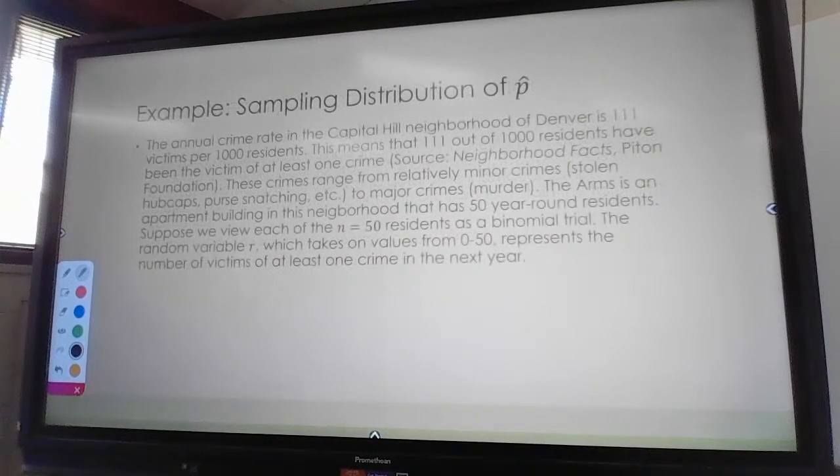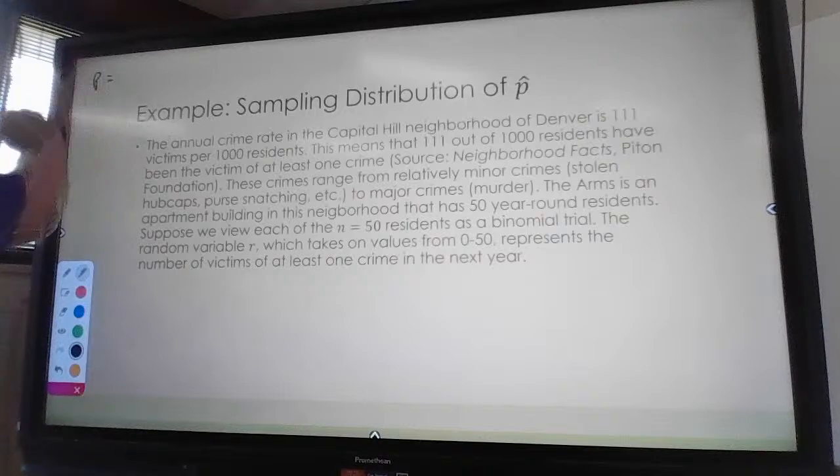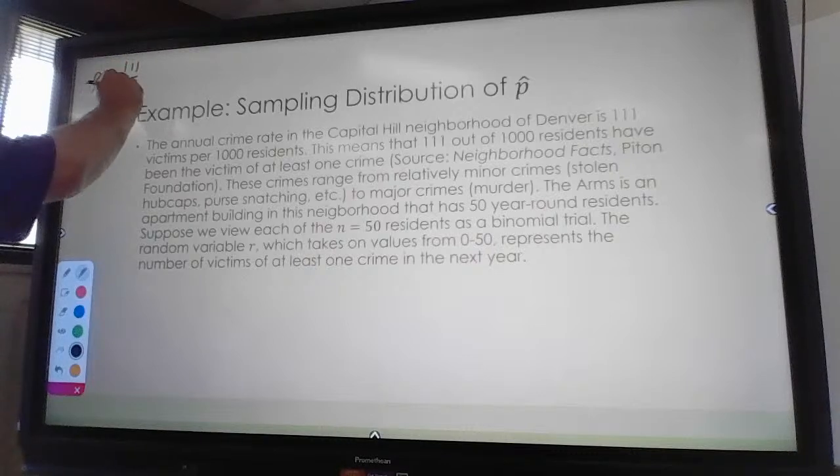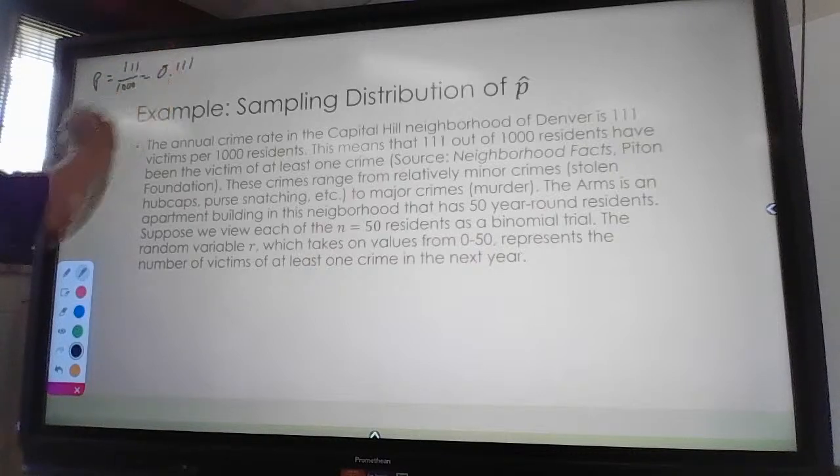All right, let's look at this example. The annual crime rate in the Capitol Hill neighborhood of Denver is 111 victims per 1,000 residents. That means that 111 out of 1,000 residents have been the victim of at least one crime. Let's stop right there. There's our value of P: 111 out of 1,000, which is 0.111.